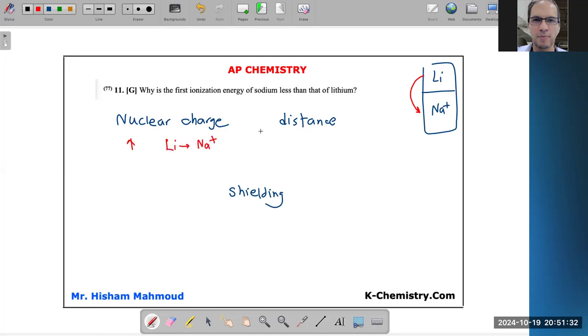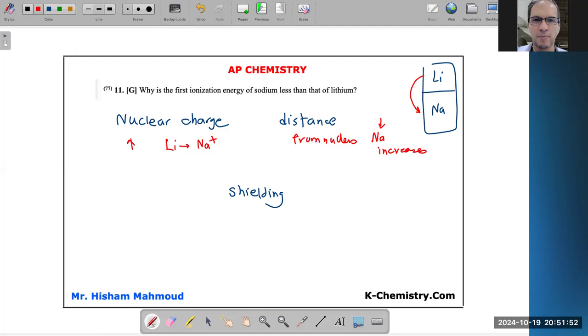But what else happens? The distance from the nucleus increases when you go to sodium. So the distance from the nucleus increases.